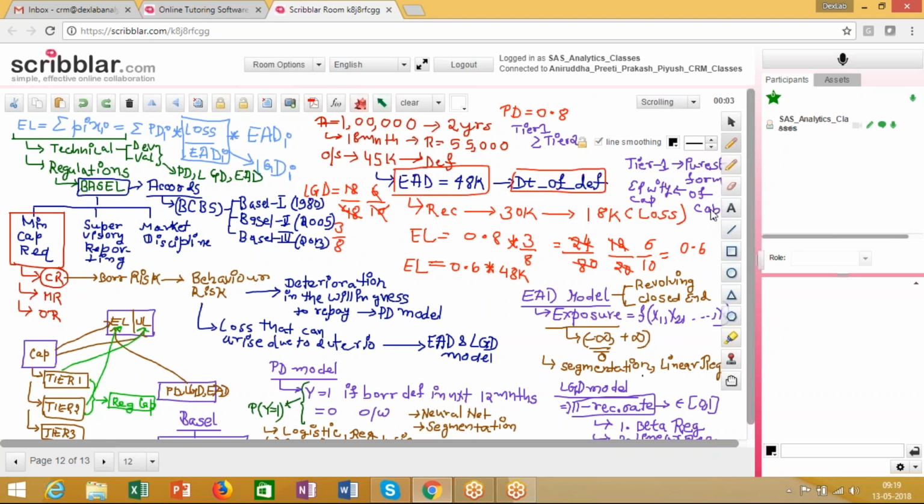So over here, what we get to see is that the bank needs to keep aside funds to absorb these three kinds of losses. The first set of losses that the bank needs to protect itself from is the expected loss. The second source of loss is the unexpected loss, and the third is your potential loss, right?